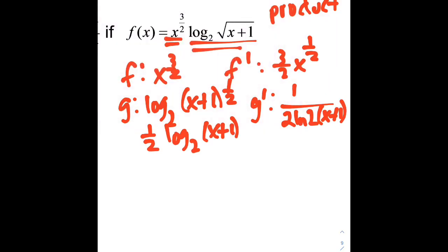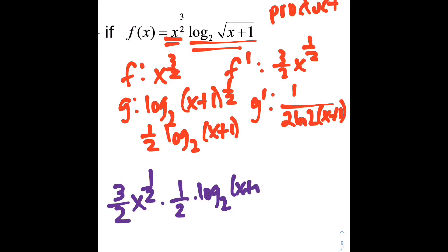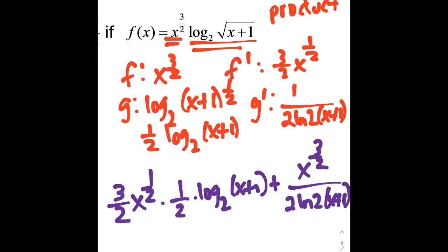So when I do f prime g, I'm going to get a hot mess. So I'm going to get 3/2 x to the 1/2 times 1/2 log base 2 of x plus 1. And then I'm going to have to add f times g prime, which is x to the 3/2, all over 2 times the natural log of 2 times x plus 1.